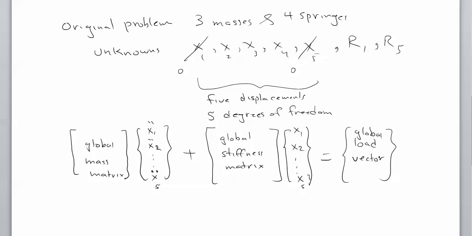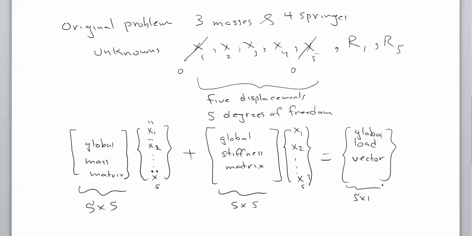This is what we want to get by looking at these elements one by one, somehow transforming or superimposing, let's think about us superimposing those 2 by 2 matrices and those 2 by 2 displacements and accelerations, etc., into these 5 by 5 global mass and stiffness matrices.